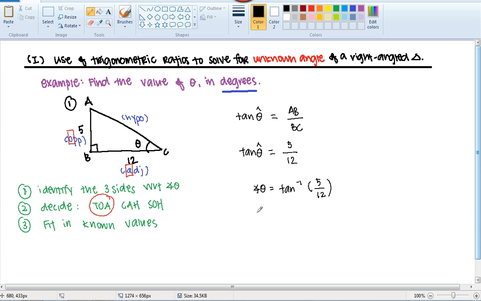Now if you recall, how many decimal places or significant figures should I leave my final answer of my angle in? Correct, 1 decimal place. So you should get a value of 22.6 degrees.